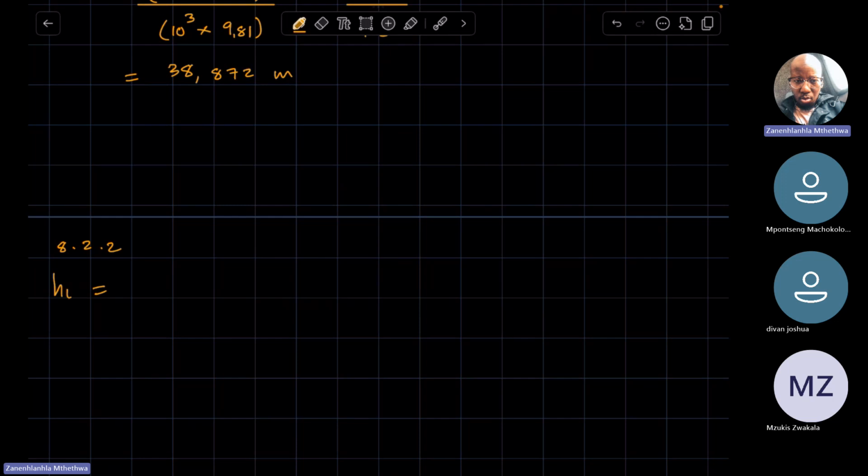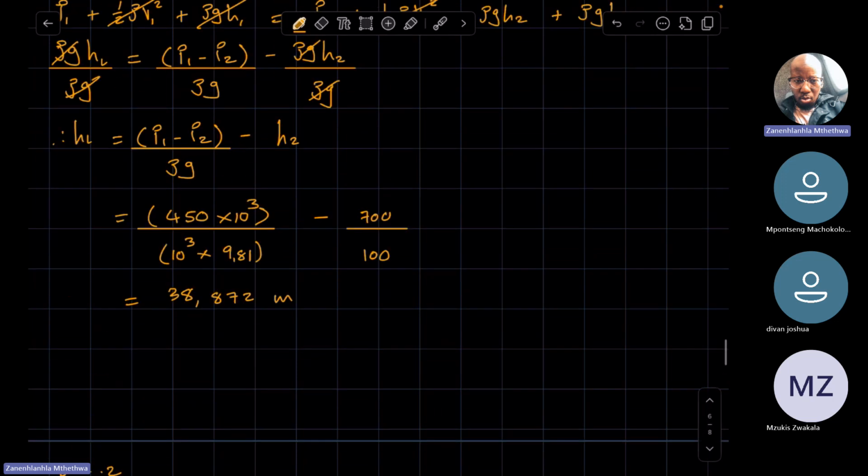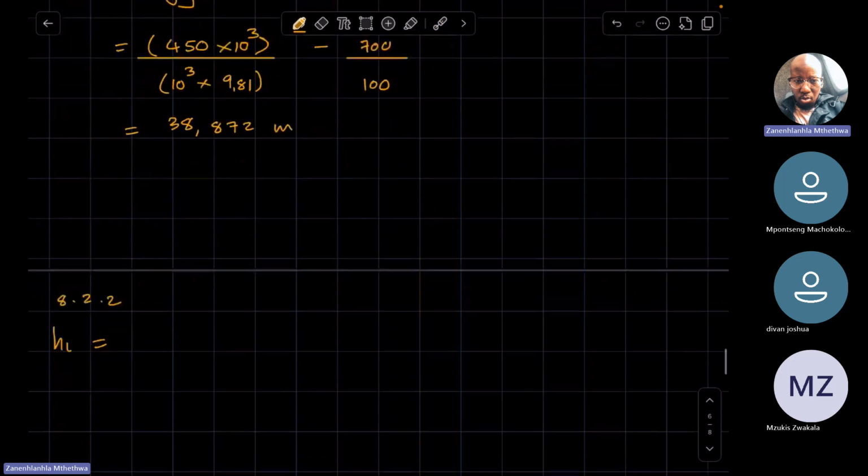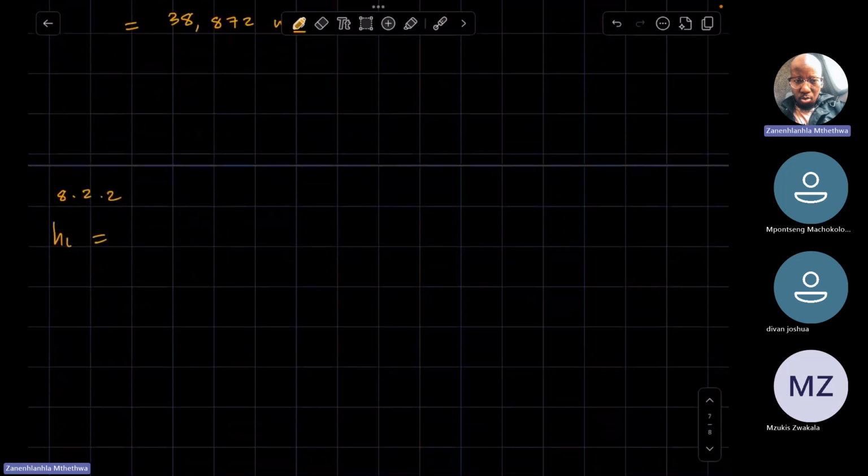The total head loss is equal to, now there are two losses here. You have the major loss, which is the frictional head loss, right? Being given the coefficient of friction suggests that you have a major head loss, which is the frictional head loss. And then we also have this minor loss, which is the shock loss here. So the total head loss will be the sum of the major and the minor.